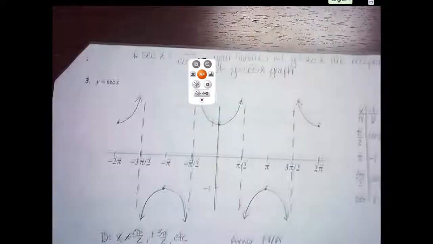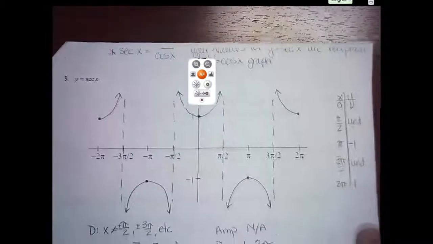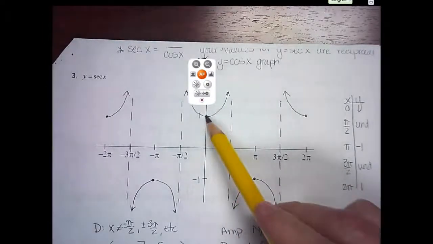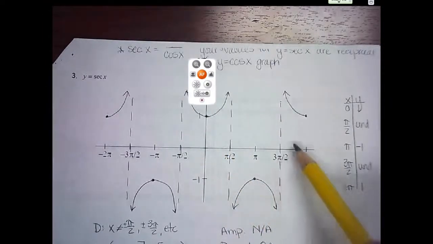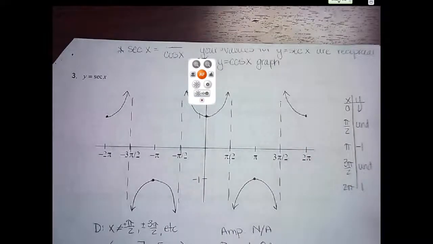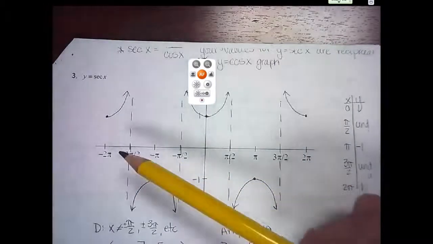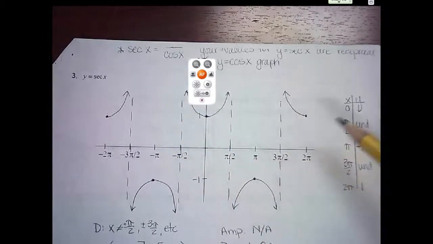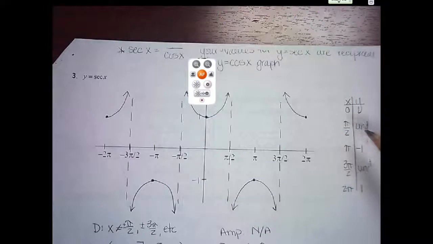Alright. We also did secant, which looks like this. Remember, with secant, you can actually draw cosine and just flip it over if you need to. I do expect to see these asymptotes here. Remember, the asymptotes happen whenever you have undefines.